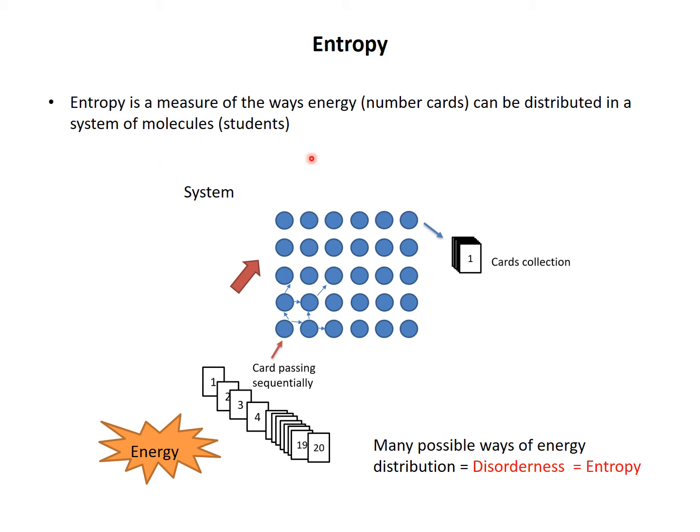It is a measure of the different ways by which energy, which is represented by the number cards, can be distributed in a system of molecules, which are students in this experiment. And because there are many possible ways by which energy can be distributed, we end up with chaos and disorderliness. And such chaos and disorderliness is calculated by this parameter, entropy or delta S.